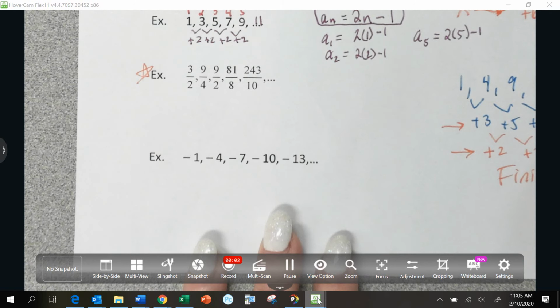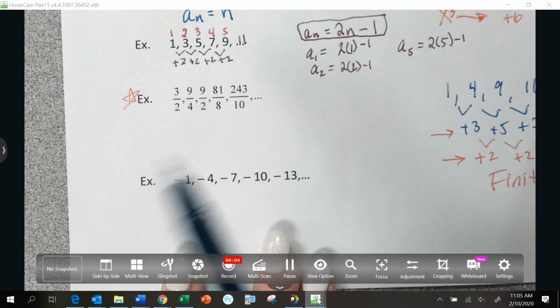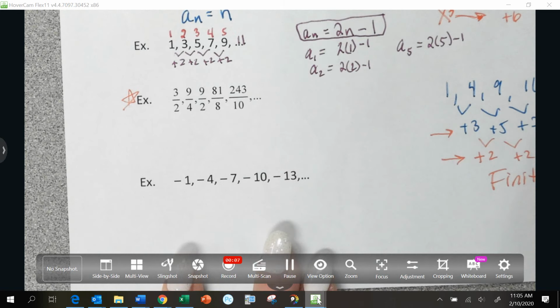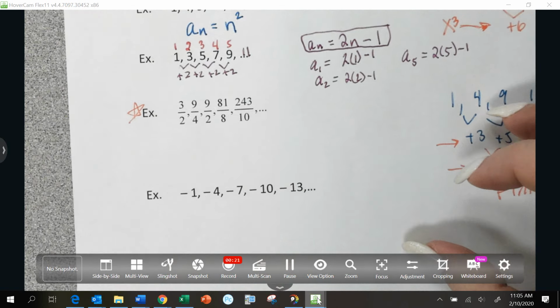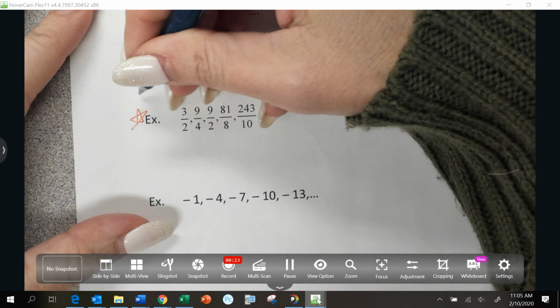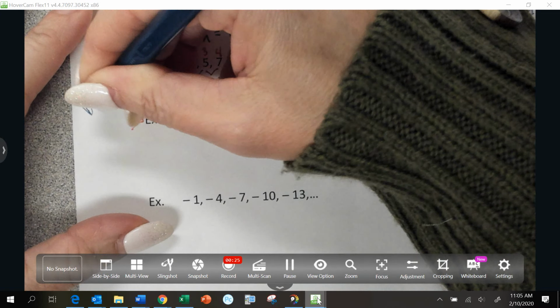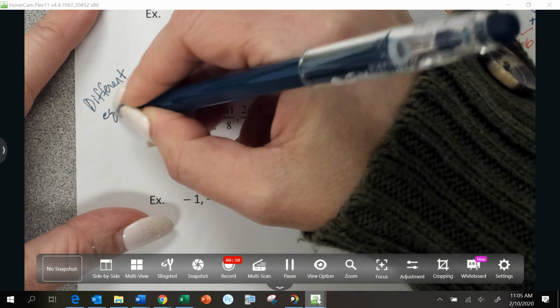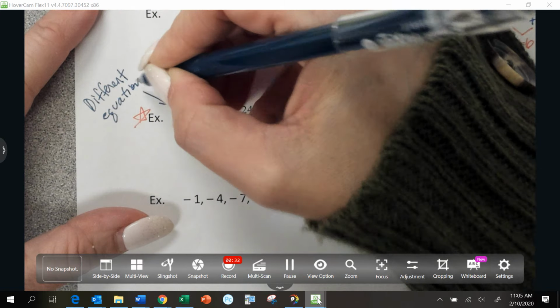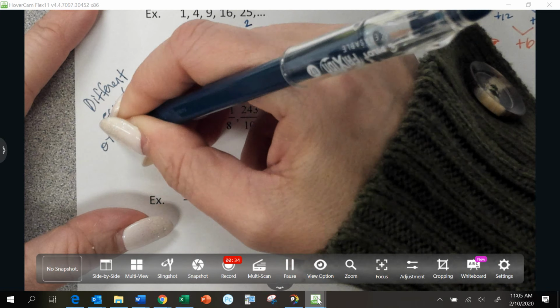All right, so our next example would be if you have fraction patterns. If you have fraction patterns, do not look at it like a fraction. You want to look at it as a different equation on the top and the bottom.